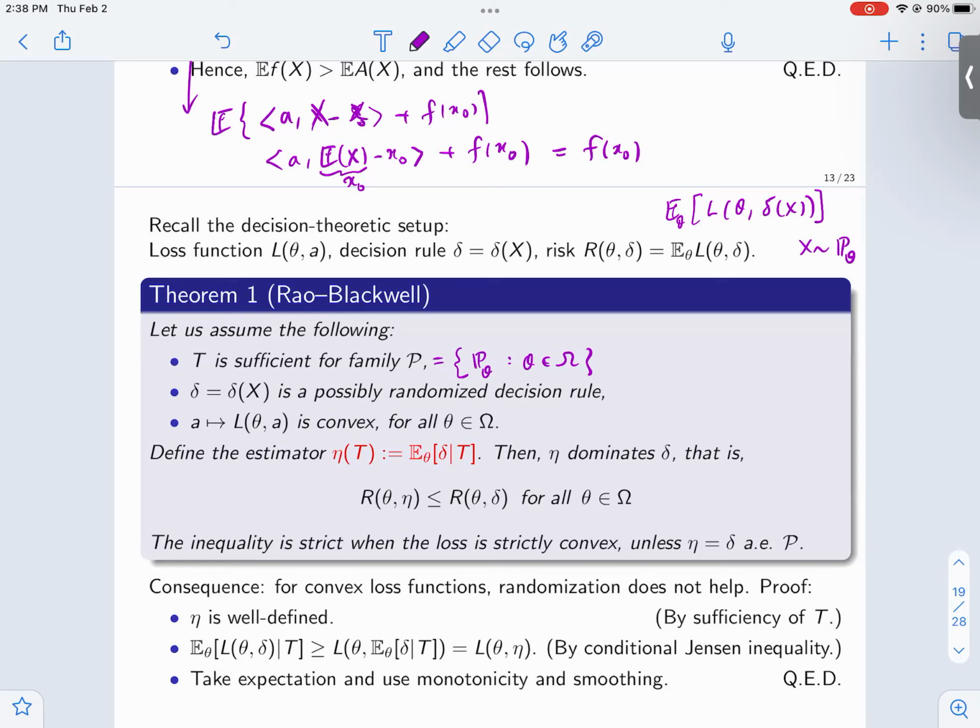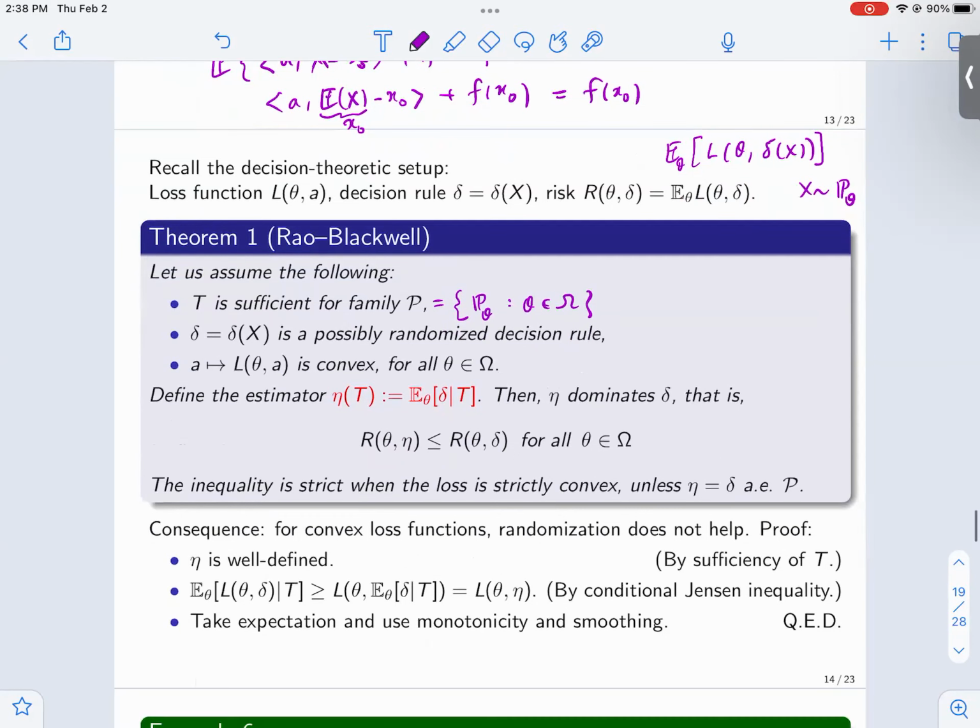I'm going to talk about what possibly randomized means, but it includes deterministic rules that we have seen. So for now, you can think of it as the usual decision rules that you know. And then the loss is convex, let's say in the action, for all theta. So quadratic loss, for example, works.